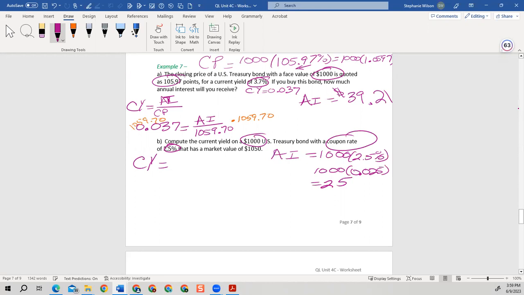All right, so that goes here. And then my CP is that 1,050. So let's divide it out. 25 divided by 1,050 gives me, oh wow, this really long decimal.